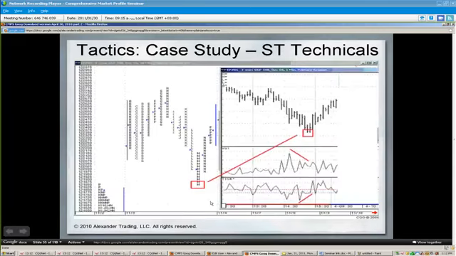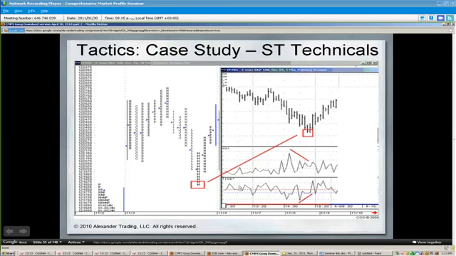Okay, this is that low that formed on the 2nd that came into the upper extreme of the transition day to the upside. And this is another example of volume. This happens to be tick.